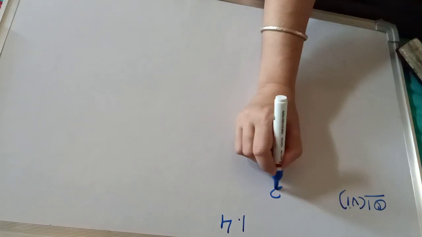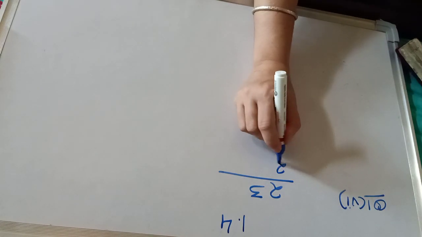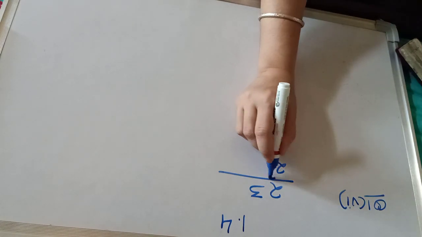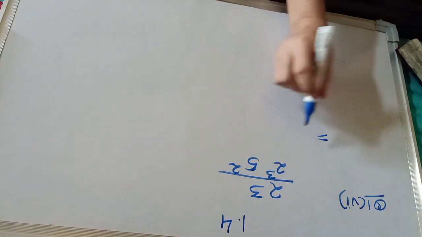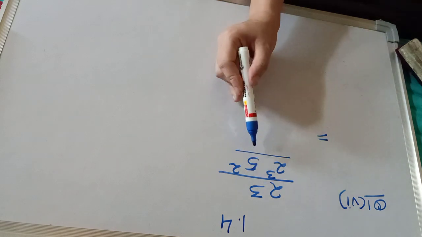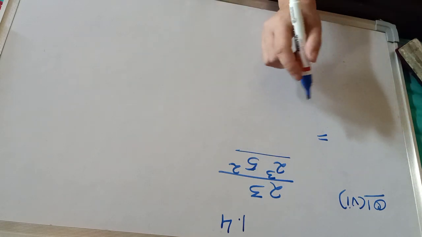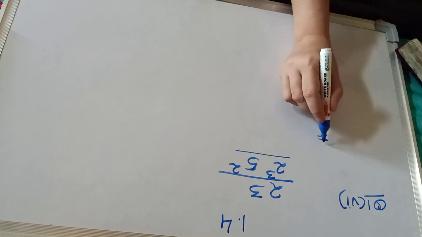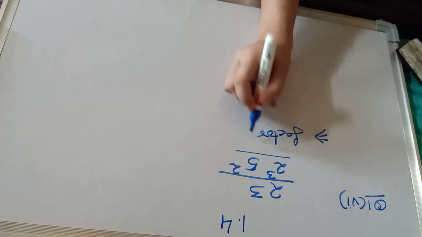Sixth part is 23 upon 2 cube 5 square. Already they have given it in the form of factors. Now 23 and the number in the denominator are both co-prime. And what about the factors of the denominator?